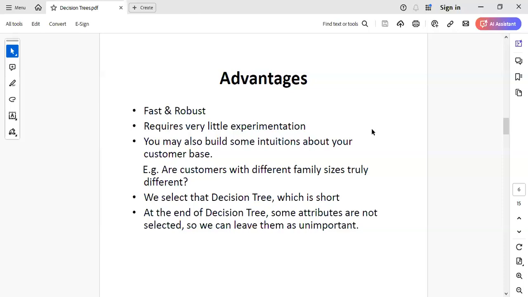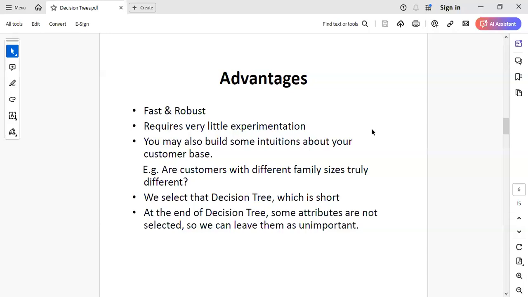It will give rules, and the one which is short will be used most often. It will also tell us which attributes, meaning columns, which headings or which type of data we should use, and which type of data we can throw away. So these are some of the advantages of the decision tree.